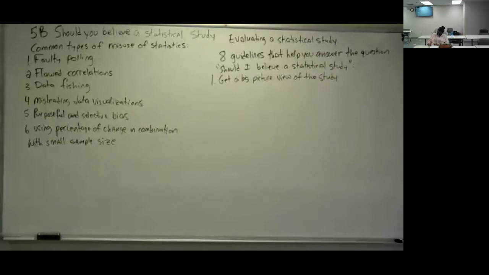What was the population under study? Was it clearly and appropriately defined? Was the study an observation or an experiment? Remember, observations, you're just watching. Experiments, you try to change those outcomes. If it's an experiment, was it single blind or double blind?